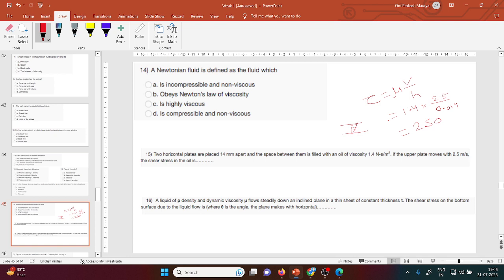The liquid flows steadily down an inclined plane in a thin sheet of constant thickness T. The shear stress on the bottom surface due to the liquid flow is, where theta is the angle the plane makes with the horizontal.